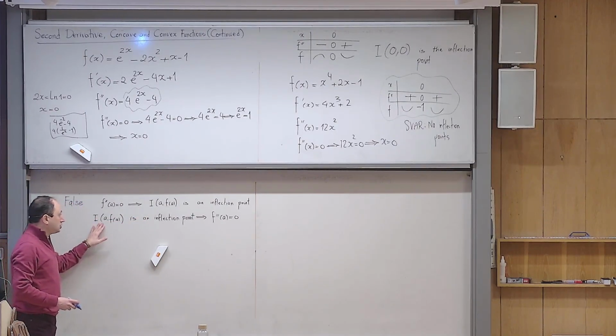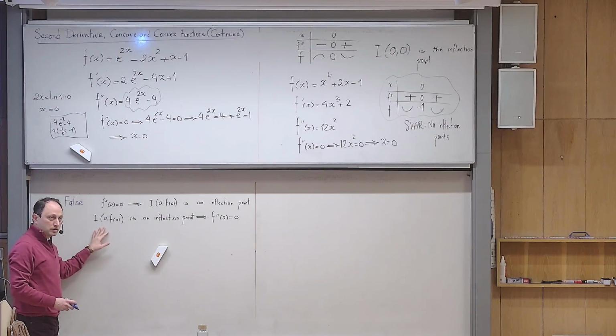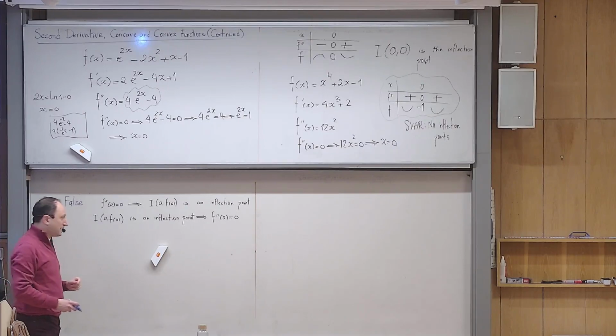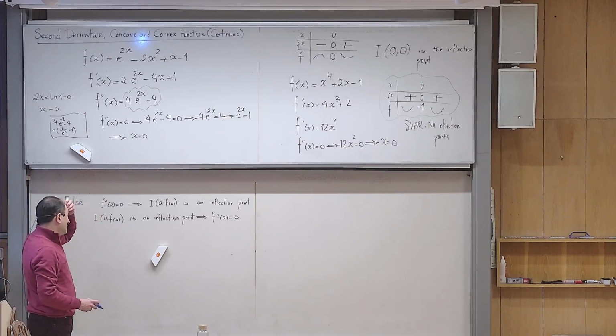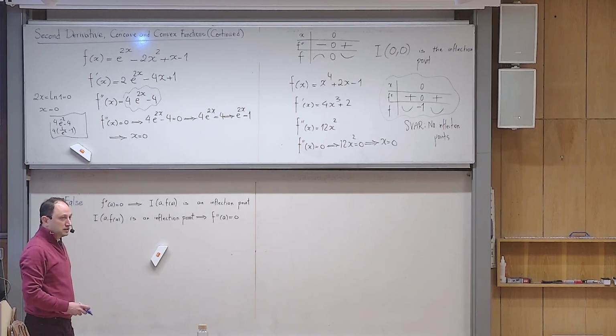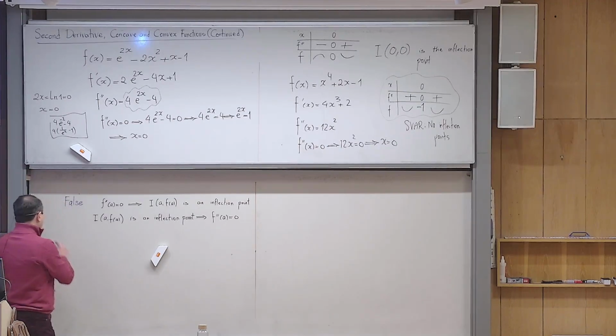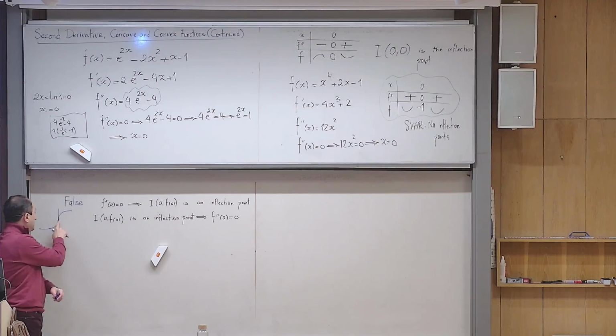But Sergey said this is true. I would say yes, that is correct, but at the level of your book. Because there is also a slight chance that this is not true either, because it might happen that the second derivative is not defined there. Yes? We might have this scenario. If I ask you, is this an inflection point, you will probably agree with me that yes, this is indeed an inflection point.